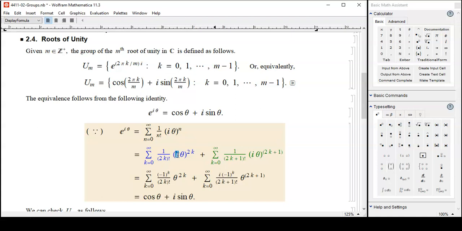Now pay attention to I here. Again, pay attention to I. But also +1. So I to the second power, what is I to the second power?